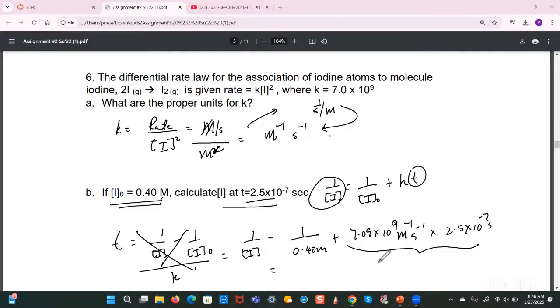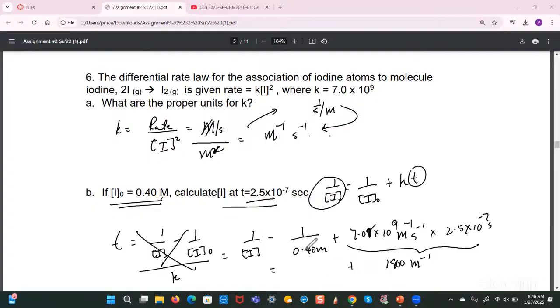Let me do this again, I'm sorry, folks. Okay, 10 to the minus 7, okay. So this is what I got. Round it off to 2 sig figs, 1800, and the units here would be M to the minus 1, right?